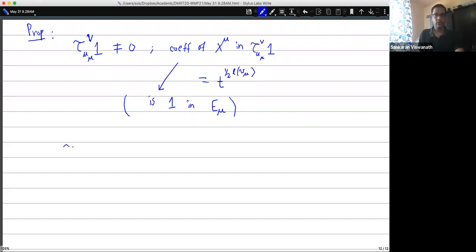The other important observation is that if U is a minimal length left coset representative of the finite Weyl group, and you wrote U as a product s_i1, s_i2, up to s_ik, remember, some of the s_i's can be pi's here. Okay, so this is, let's say, a reduced expression.